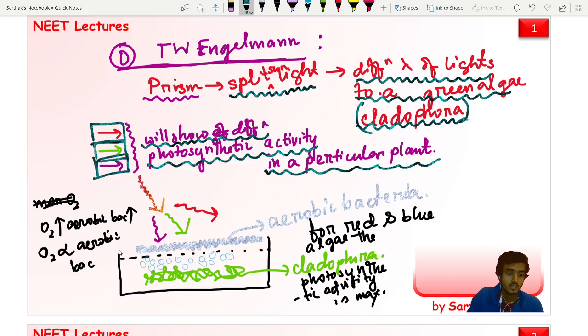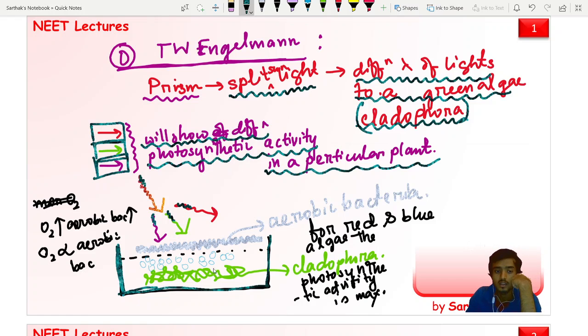So talking about the experiment done by T.W. Engelmann, he has taken a flask or beaker, whatever you may call it. He split the sunlight into different components of wavelength by a prism.